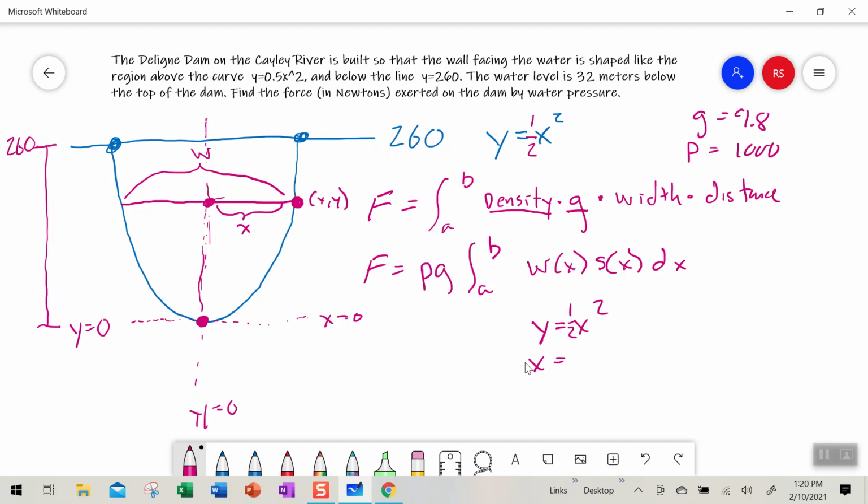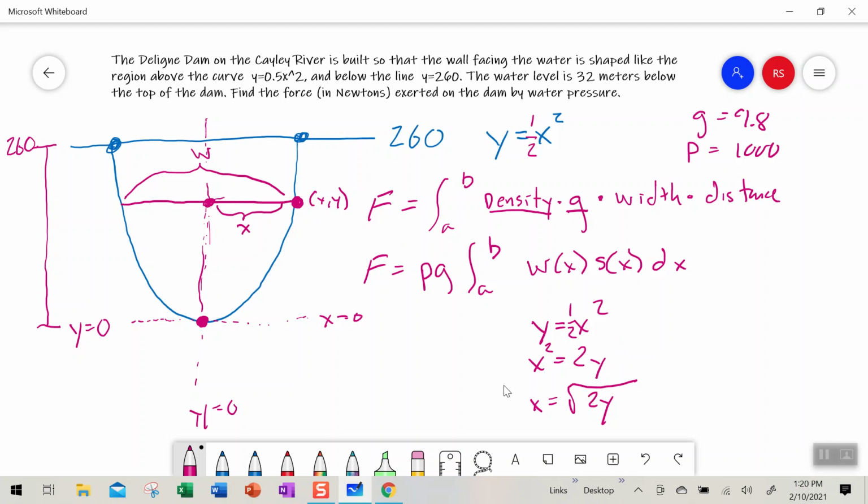All right, so that means that we have x squared is equal to 2y, or x is equal to the square root of 2y. All right, so that is basically what this x value is going to be equal to. It's equal to the square root of 2y.